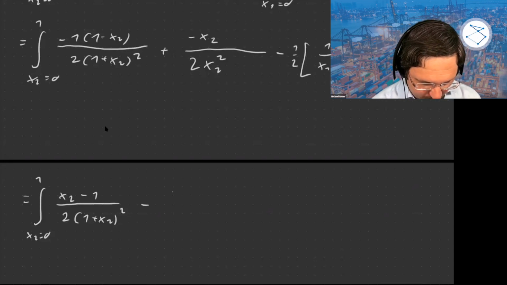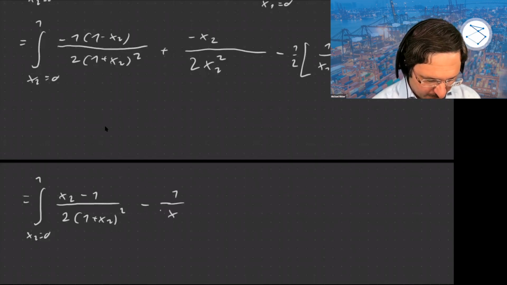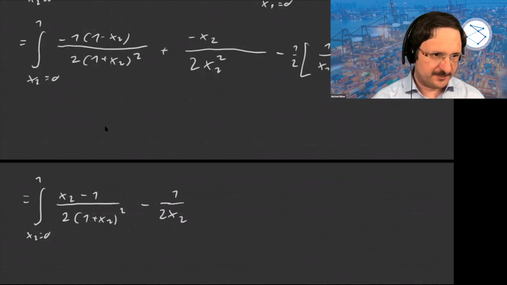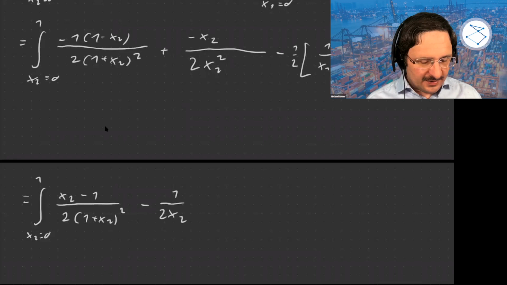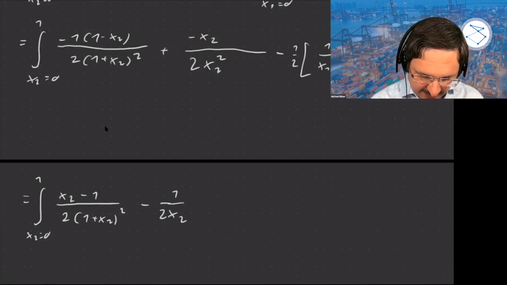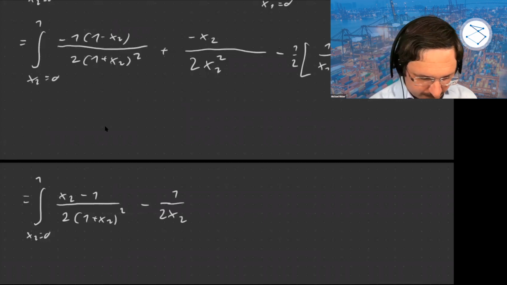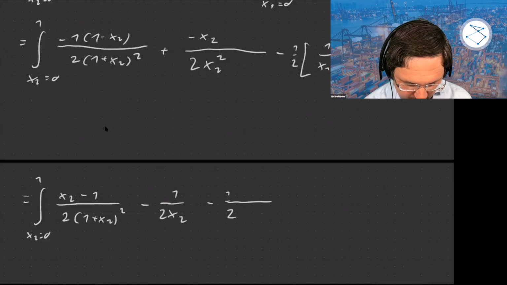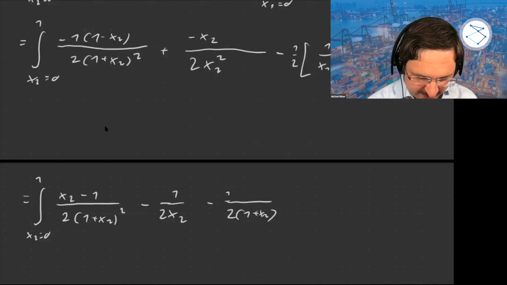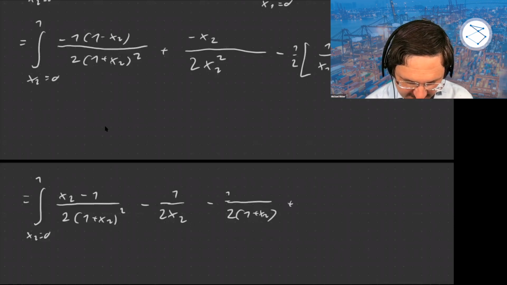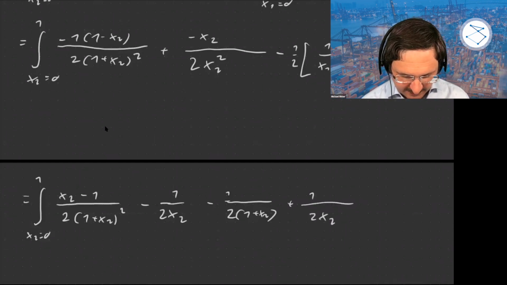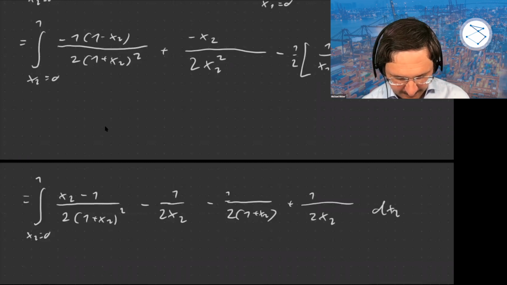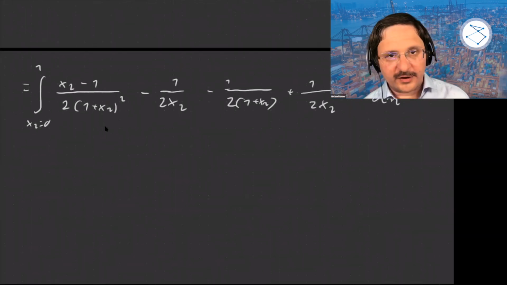So that's minus 1 over x2, minus 1 over 2x2. And then here, upper bound is 1, so we get minus 1 over 2(1 plus x2). And the lower bound is 0, so we get plus 1 over 2x2 dx2. And finally, there's no x1 left.